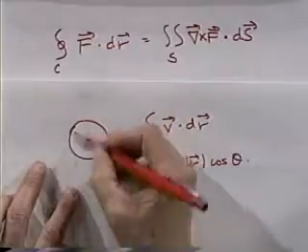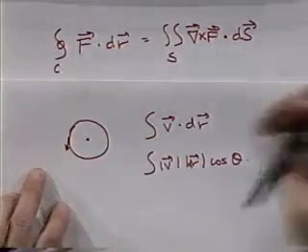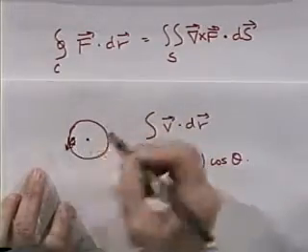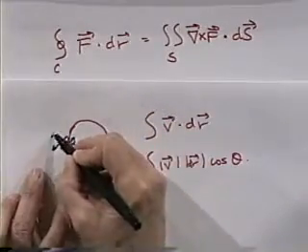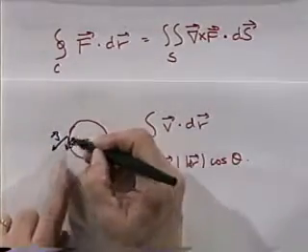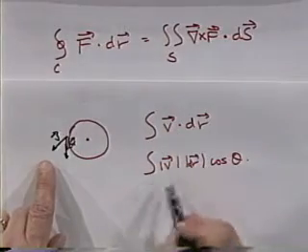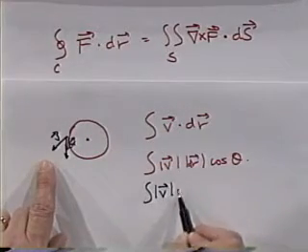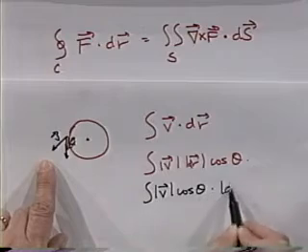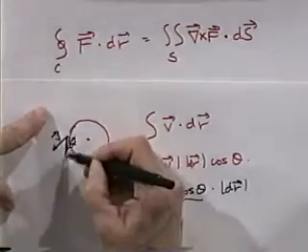Well, if dr is pointing in this direction, that's your little dr right here, and your v's right here, when you take the magnitude of v times the cosine of the angle, you're getting the component of v that's going in the direction of the circle. When you take the magnitude of v times the cosine of the angle times the magnitude of dr, this piece right here is giving the component of v in the direction of the circle.